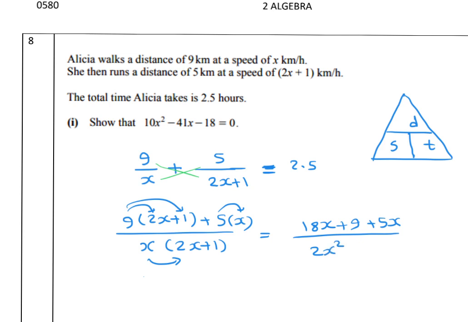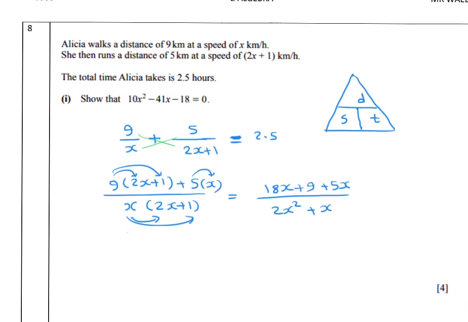Now we need to expand the denominator because we'll solve equation, plus x. So we can simplify more. So 18 plus 5, 23x plus 9 over 2x squared plus x.